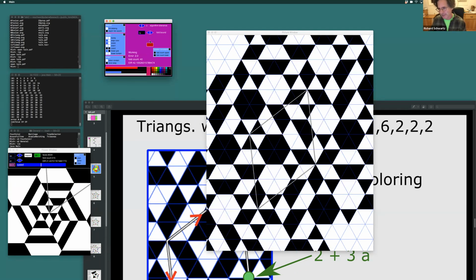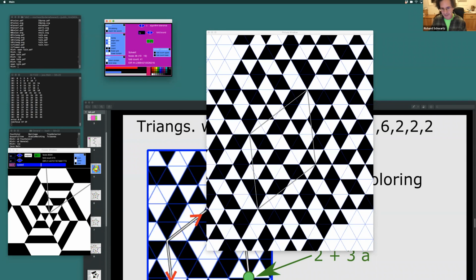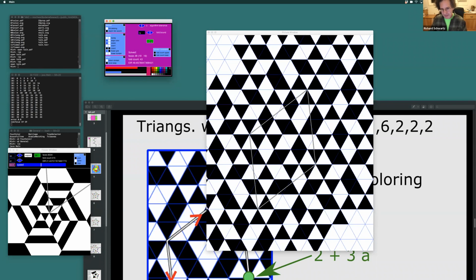So these are various black and white colorings. For these triangulations, there's an obvious one. You just color the squares alternately black and white.